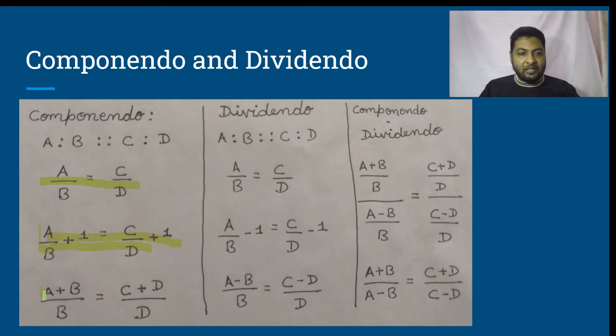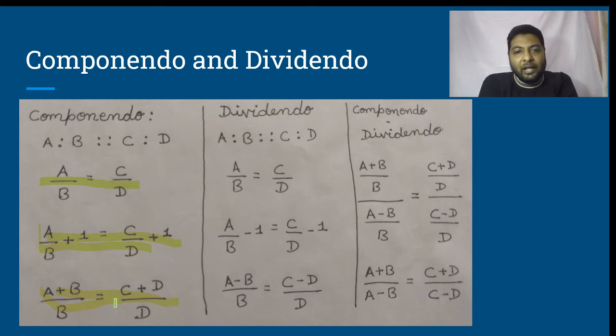In other words, A plus B by B will be equal to C plus D by D. This is also called as componendo. Whenever A by B is equal to C by D, A plus B by B will be equal to C plus D by D. This is called as componendo.